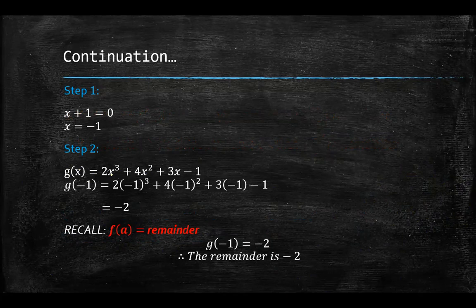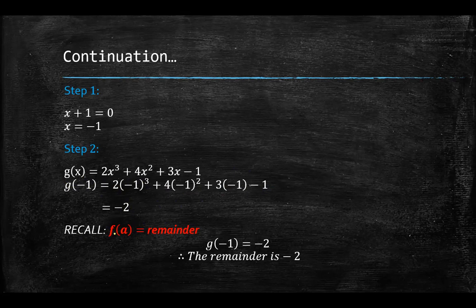So this is the function it gave me, 2x cubed plus 4x squared plus 3x minus 1. Instead of putting back the x, I'm going to replace it with minus 1. So this becomes g of minus 1, because my x value is now minus 1, would be 2(minus 1) cubed plus 4(minus 1) squared plus 3(minus 1) minus 1. And I told you whatever answer you get here, this is your remainder. When I do all this, the answer I get is minus 2.